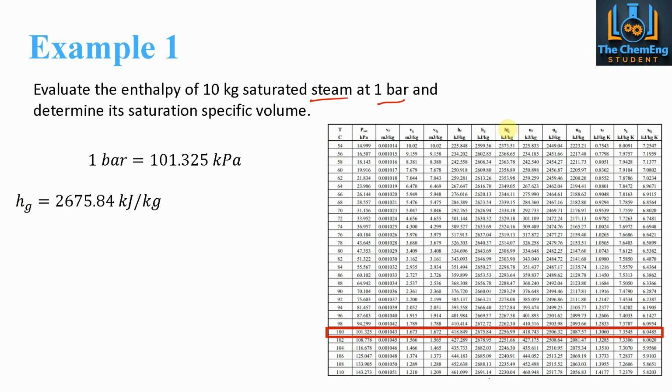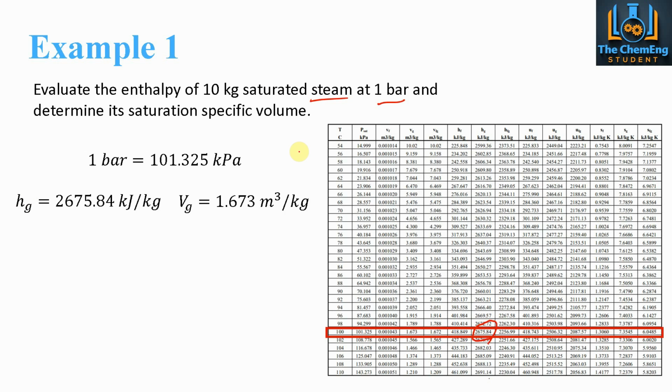Okay, so that means that we would come here, we'd come down this column, and we can see that the saturated enthalpy, the enthalpy for saturated vapour is 2675.84 kilojoules per kilogram.